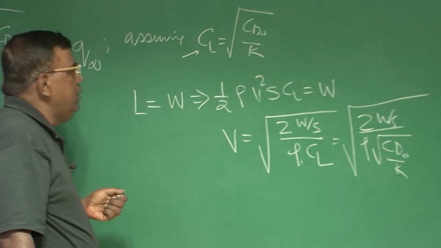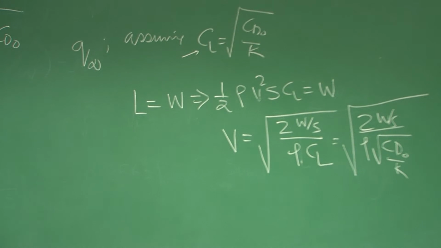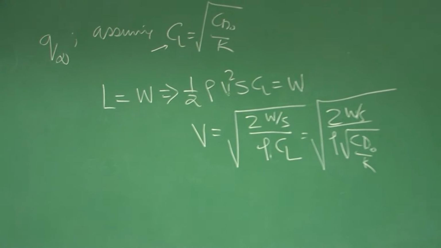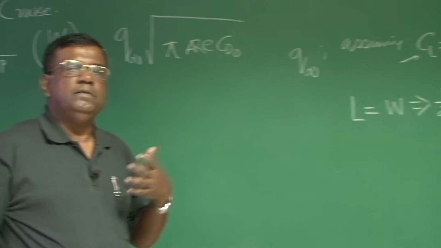And generally, you'll find the V will come a little lower, but the operator may require a pre-specified V.